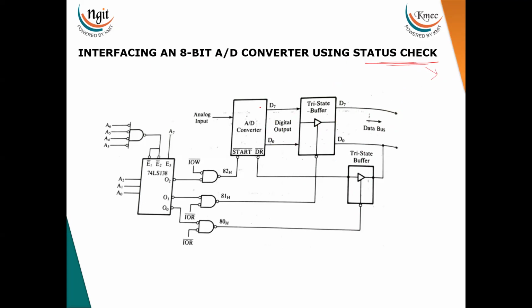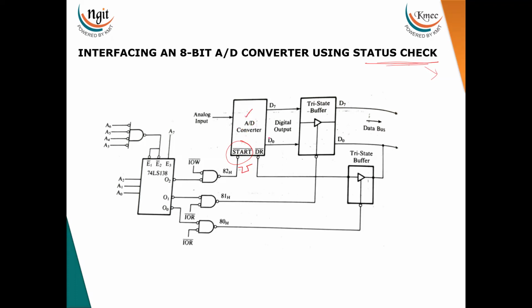If you see, this is the ADC IC, where the analog signal is applied, and it gives the digital output after completing the conversion. For that, the microprocessor will send the start signal over here. There is a bubble, which means it is active low, so it will give a low signal over here, thereby starting the IC, and the conversion will start.